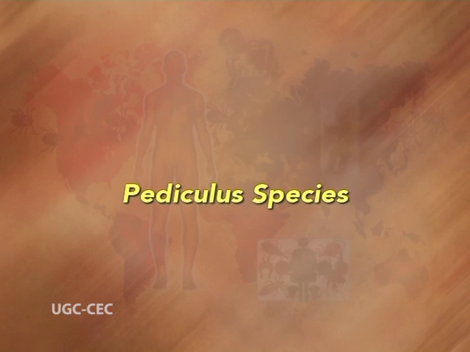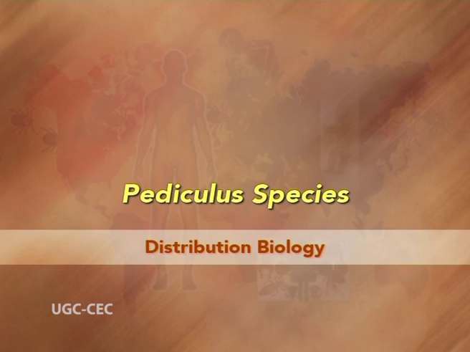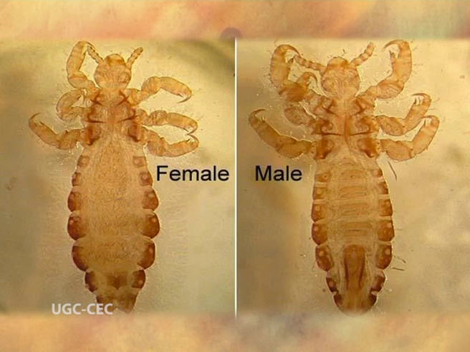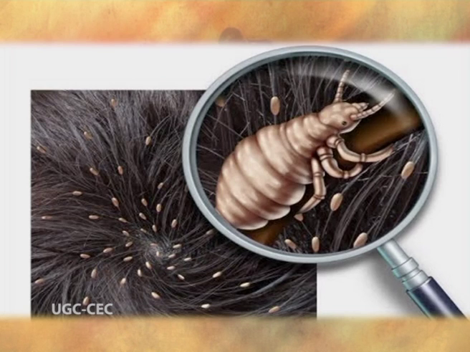Pediculus species. Distribution biology. The louse Pediculus humanus is an ectoparasite of the human head or body. The head louse variant is common in the Western world. The louse feeds on the blood of its human host.